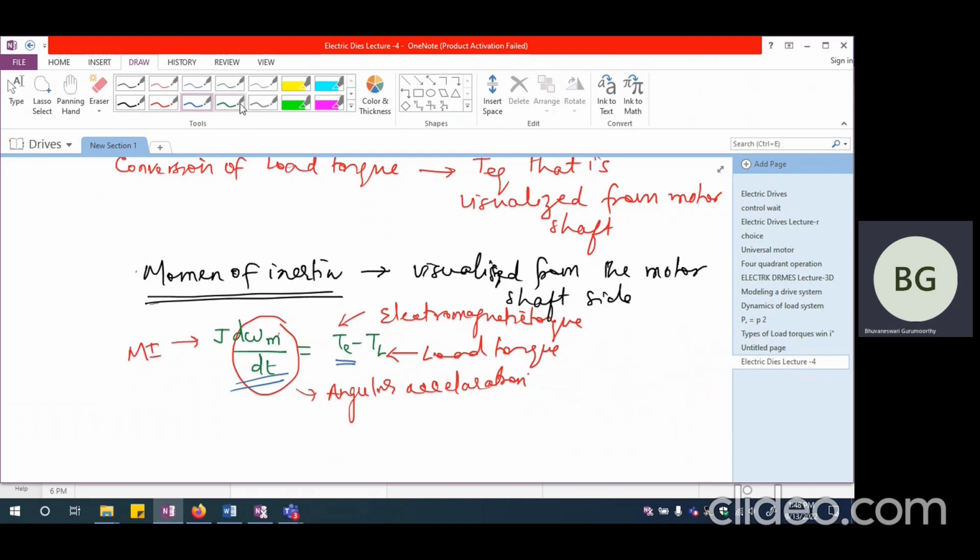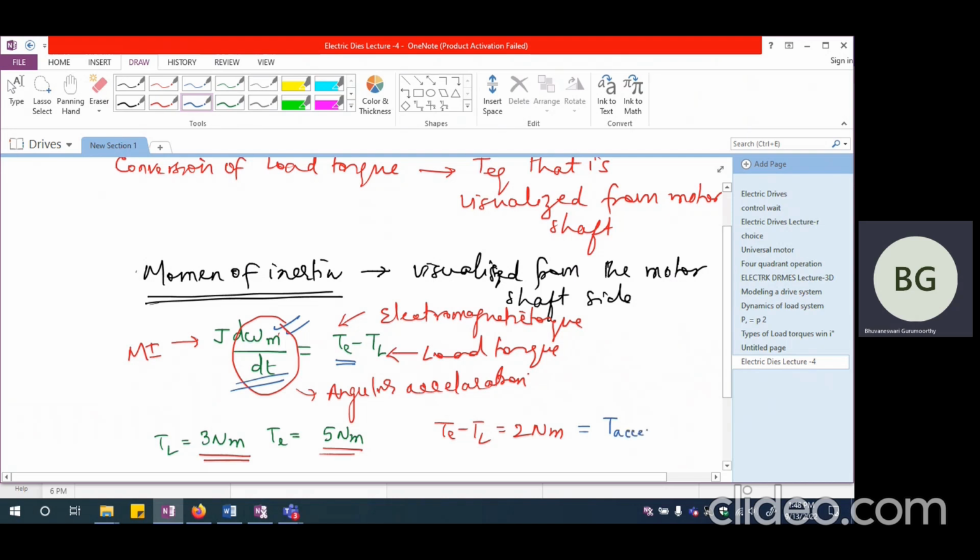For example, if the load torque is 3 Newton meter and I generate an electromagnetic torque of, let us say, 5 Newton meter, what is there in excess as compared to the load torque is only 2 Newton meter. So TE minus TL is 2 Newton meter, and this is the only excess torque available for accelerating the drive system. This can also be specified as accelerating torque.